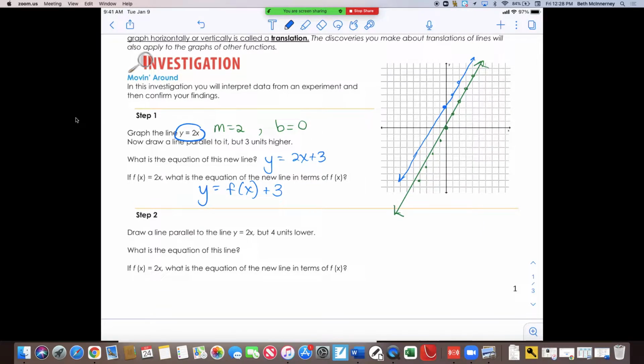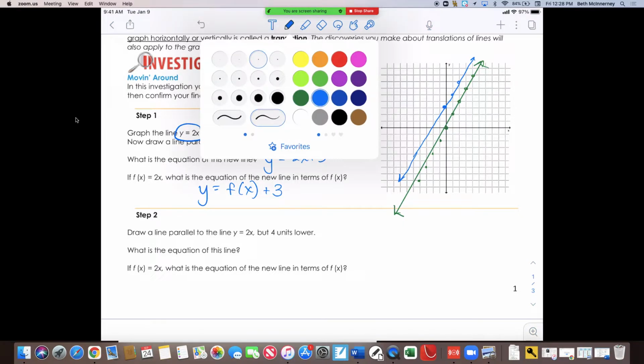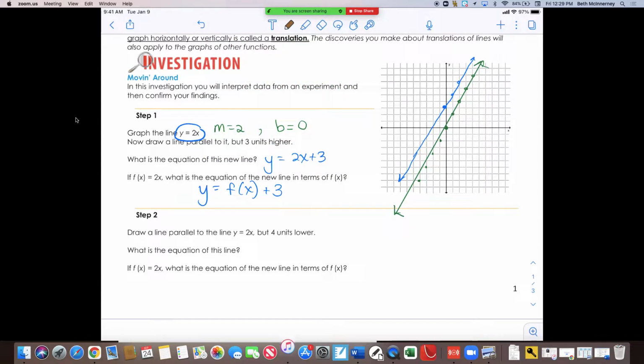Step 2. We want to graph another line on the same grid, but we want to move it 4 units lower. How would you graph this if I want it 4 units lower? Yeah, Keelan? Nice job. y equals 2x minus 4.